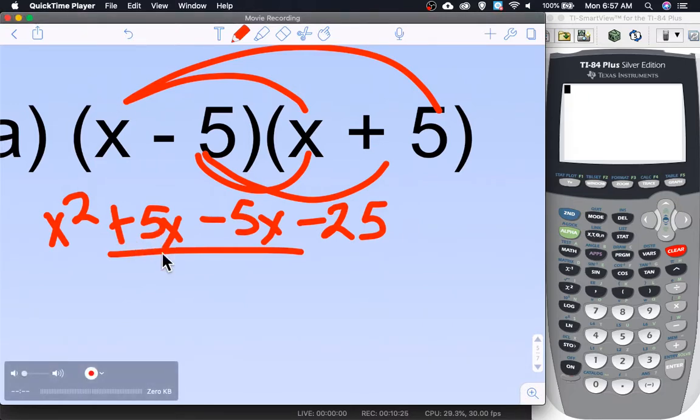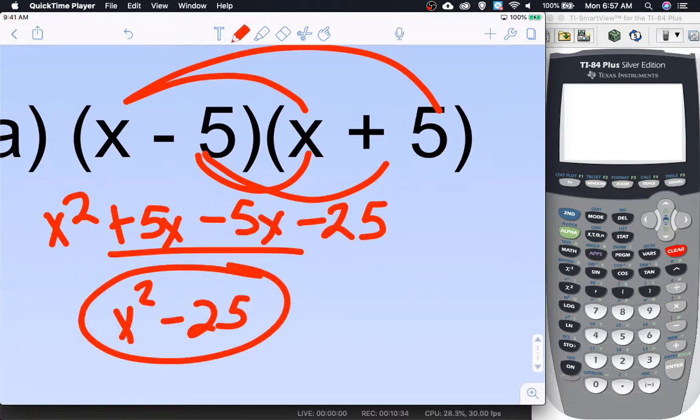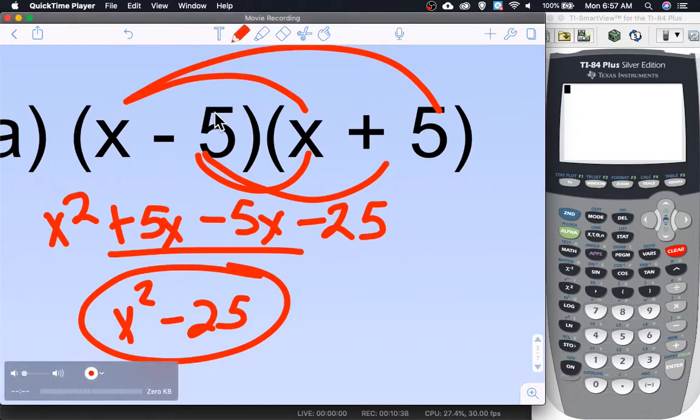I have a positive 5x and a minus 5x. So I'm going to get x squared minus 25. And that's it. Really all we did was multiply like normal. We didn't do anything special, but the end result is a little special. The fact that we don't have this middle term is a feature of this sum and difference pattern.